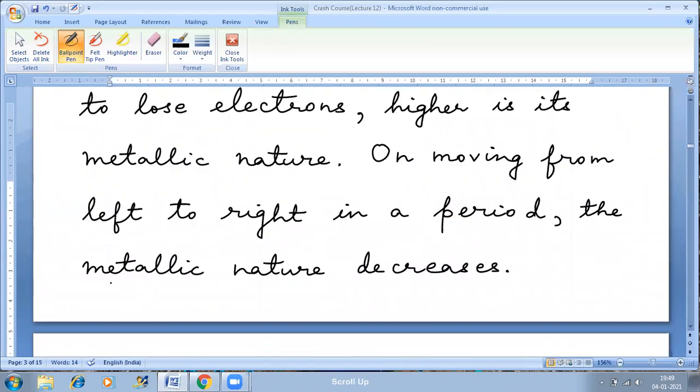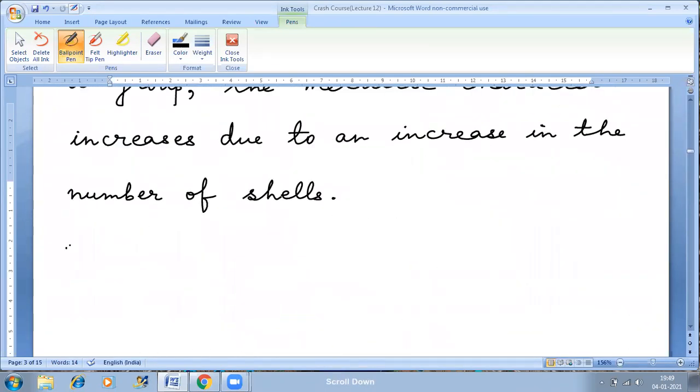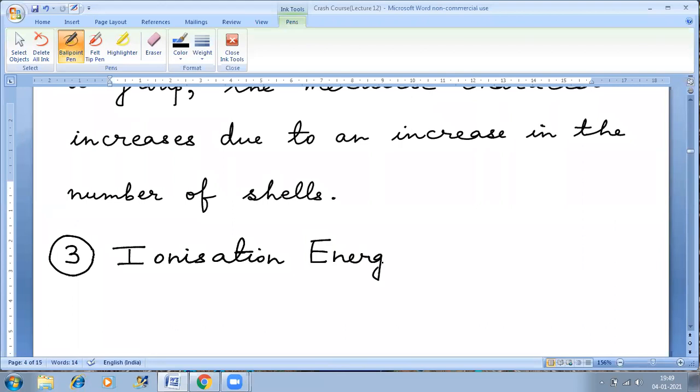So metallic character we did. Next trend: ionization energy or ionization potential.